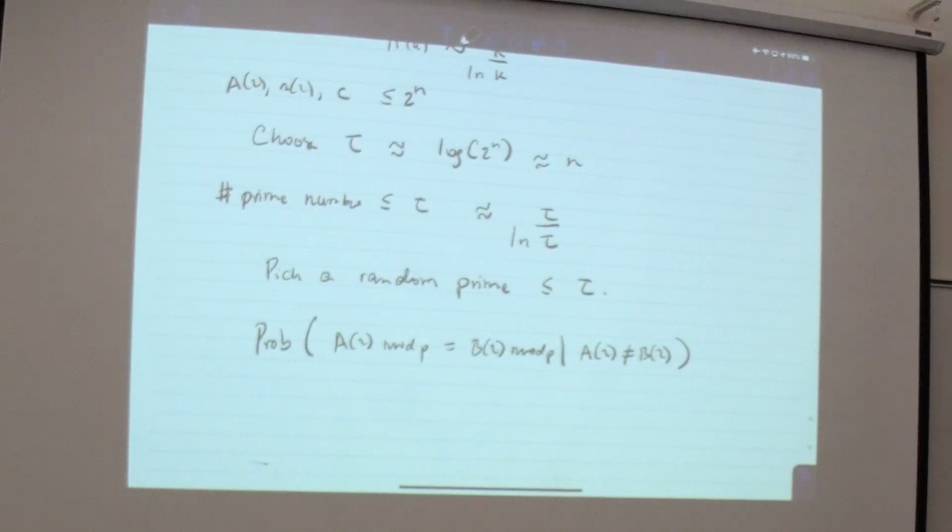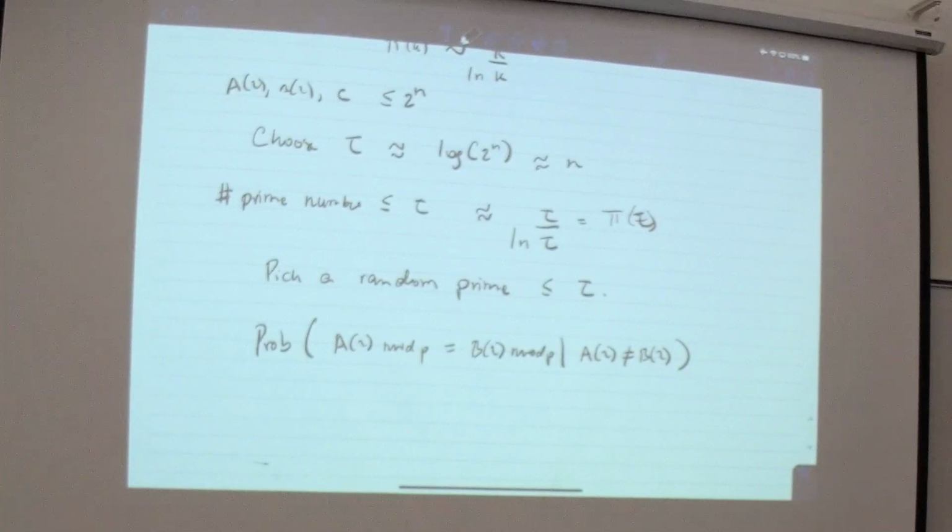What is this probability going to be? Let's think about this. We've chosen some random prime number less than tau, and there are pi of tau many prime numbers to pick. So that's our pool: all prime numbers less than tau.